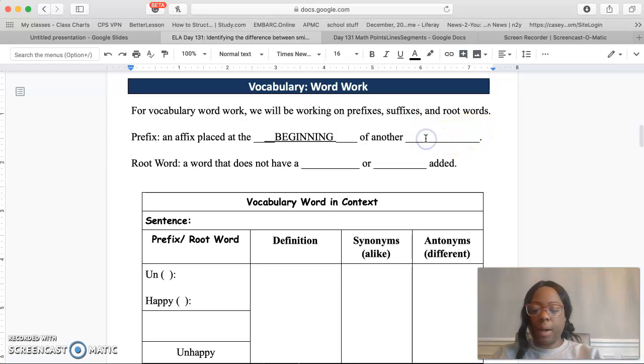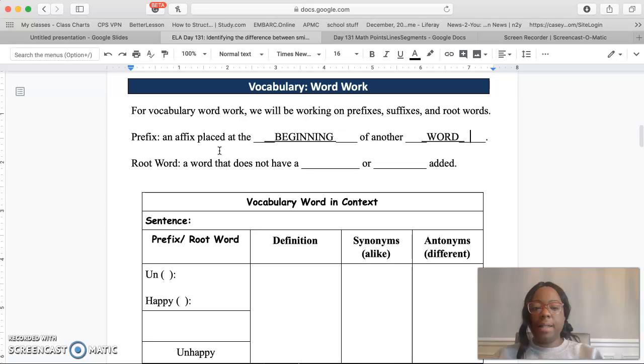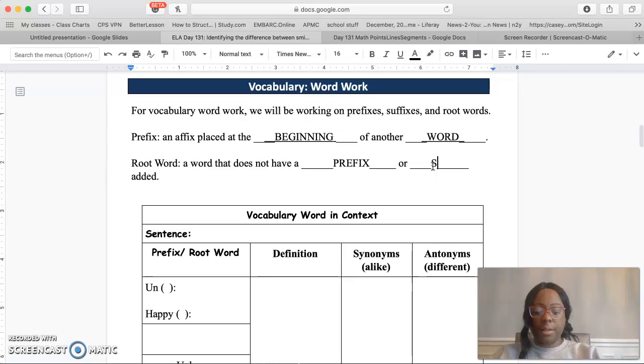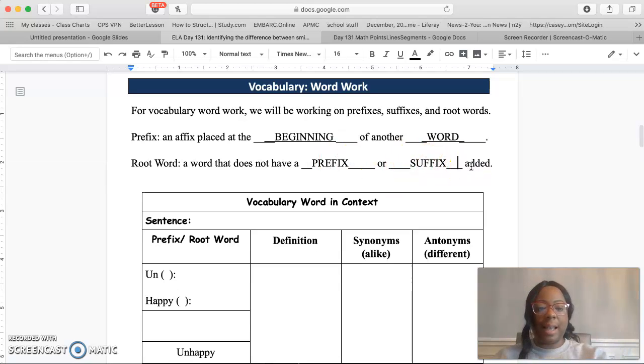And then we write word. Now, underline that. And next it says a root word is a word that does not have a prefix or a suffix. Make sure you're writing this down because when I write, you write just like that.